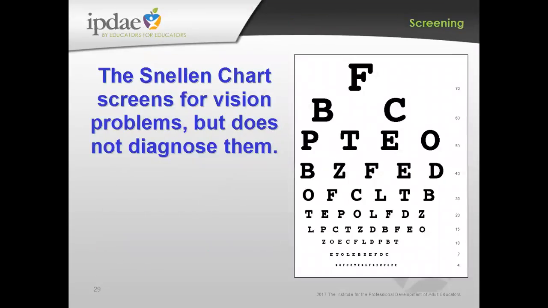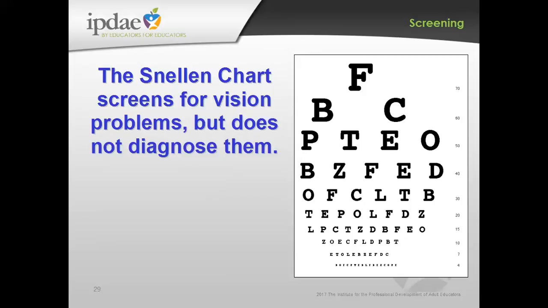All right, so let's talk about screening. You probably all recognize this. I just had one of these recently. This is a Snellen chart, and a Snellen chart is for vision problems. So this is a vision chart, and we'll do that when we're maybe taking a driver's license test or getting our yearly or biannual eye exam.